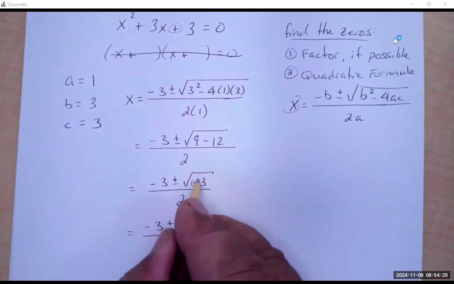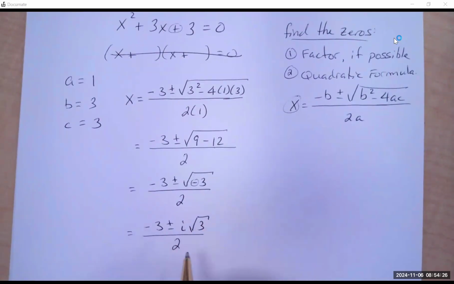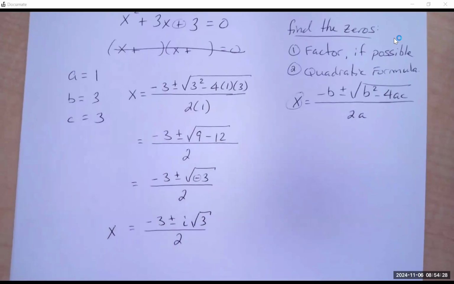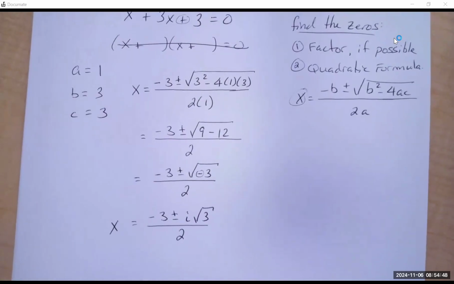Because we cannot have negatives inside the square roots, it becomes an imaginary number. So those are my x-intercepts. We have two of them.